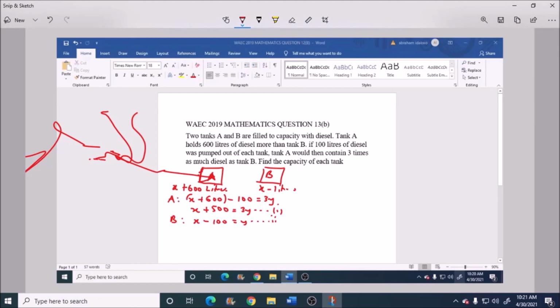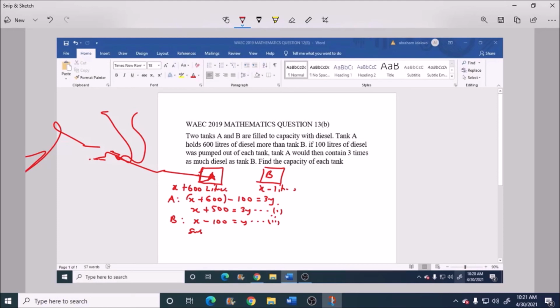If you substitute y in equation 1 above, we have x plus 500 equals 3 into x minus 100. This will give us x plus 500 equals 3x minus 300.